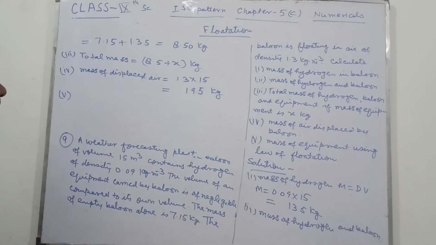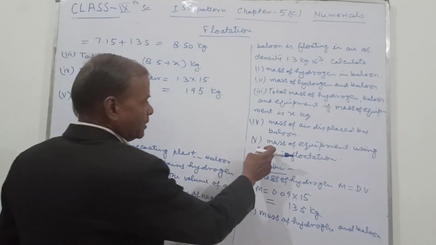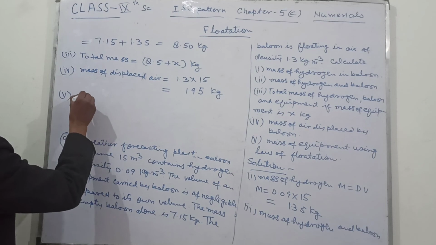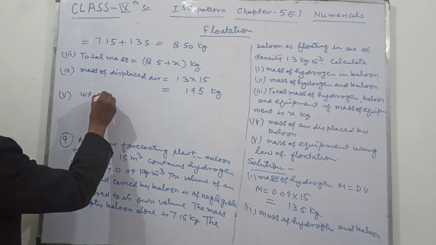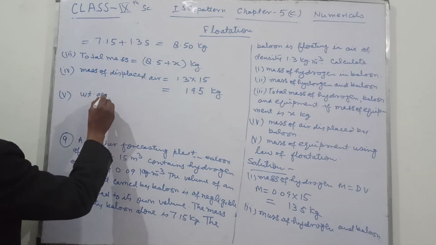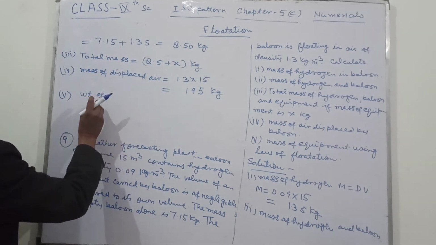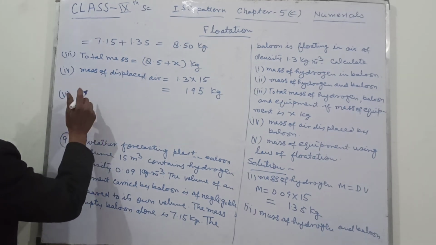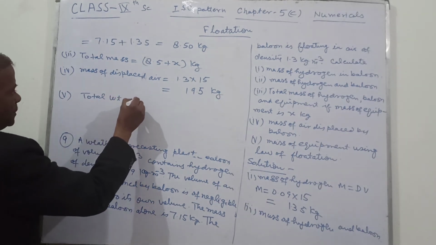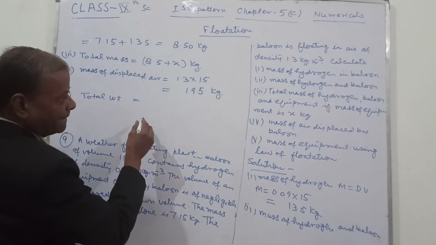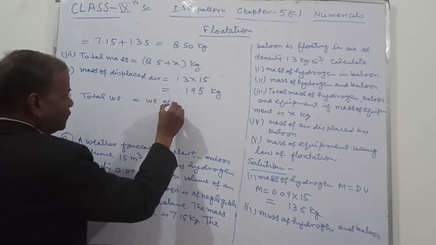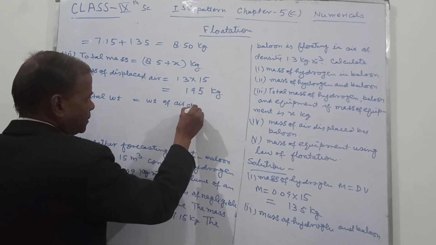And then the fifth is the mass of the equipment. So the total weight is equal to the weight of air displaced.